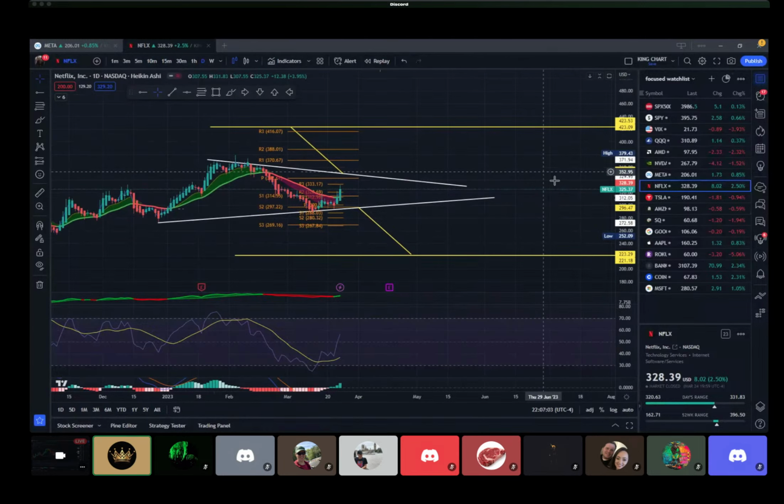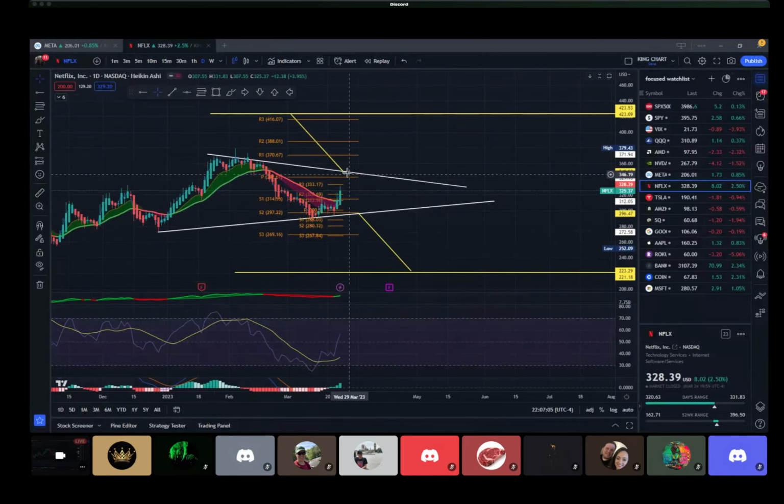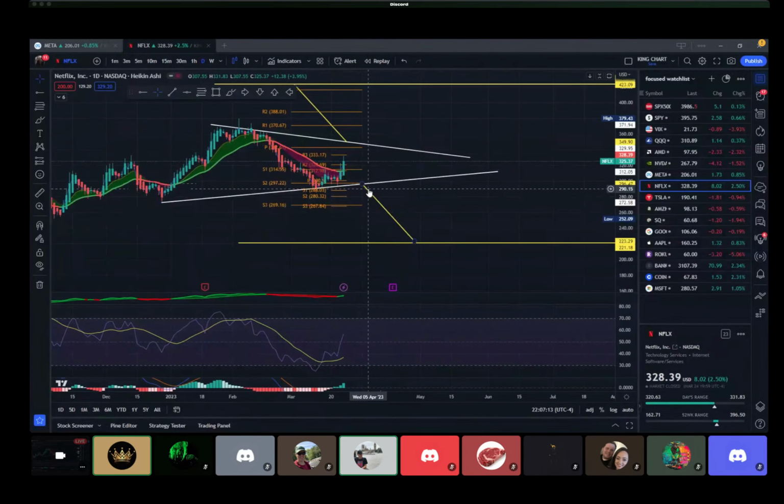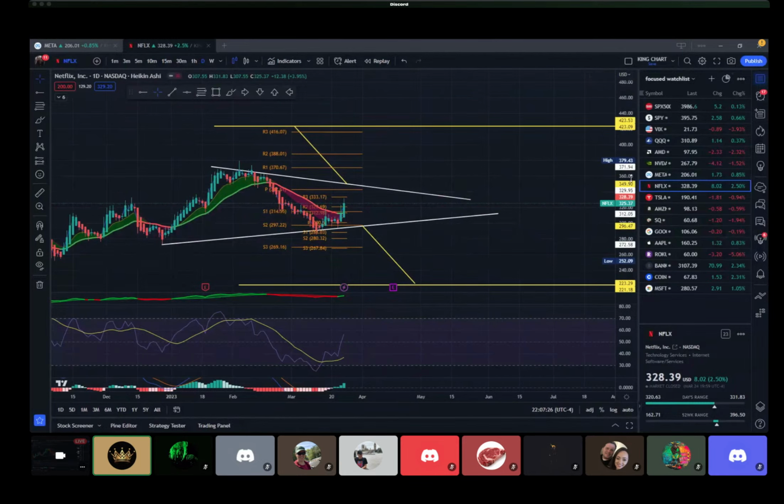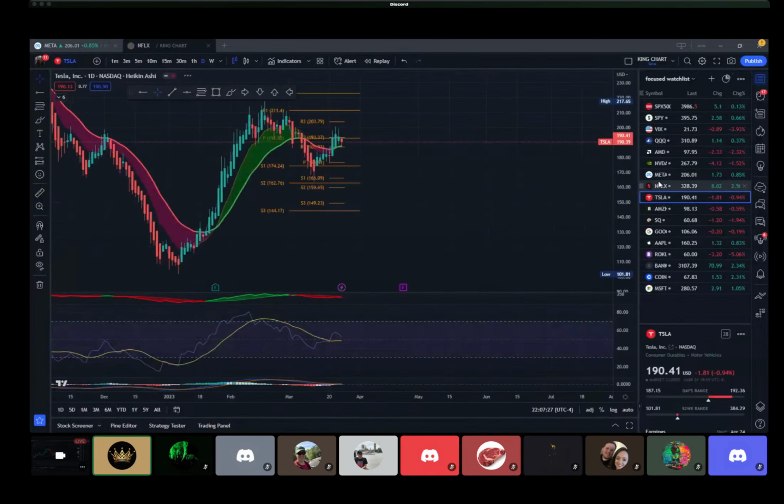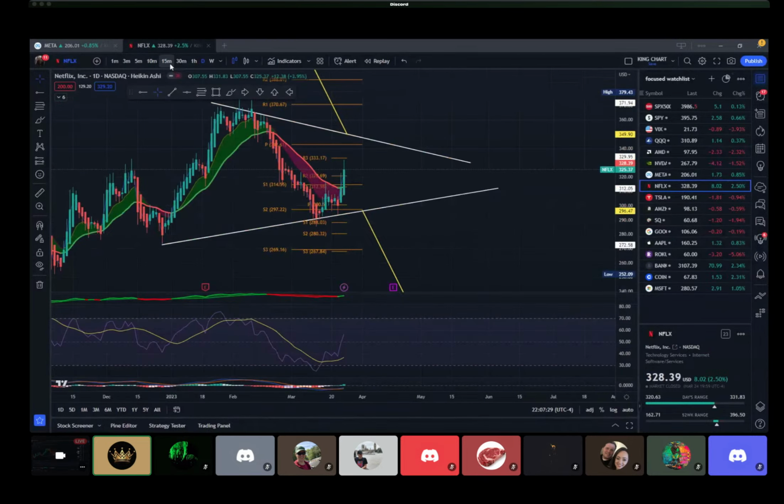And those are your 2 possibilities. Break to the upside here on the 4 hour would give you that 370, 388, or 16. Very possible. Same to the downside. If we break below that 297.22, we can definitely see 269, 20, 59. And now from there, we're going to do, wait, I forgot my intraday.